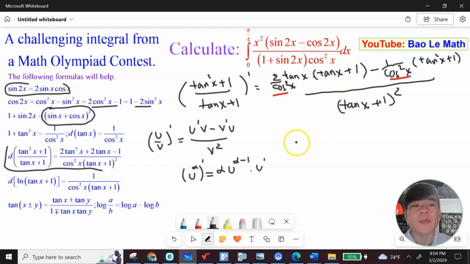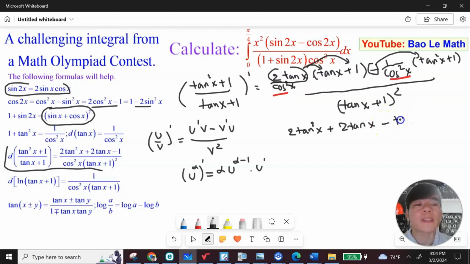I distribute this to this, so I have 2 tangent square of x plus 2 tangent x. Now I distribute the minus 1 over here, so I have minus tangent square of x minus 1. Over, I bring cosine square of x to the denominator, so it is cosine square of x times (tangent x plus 1) square.